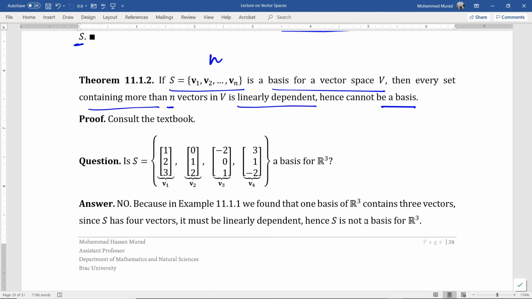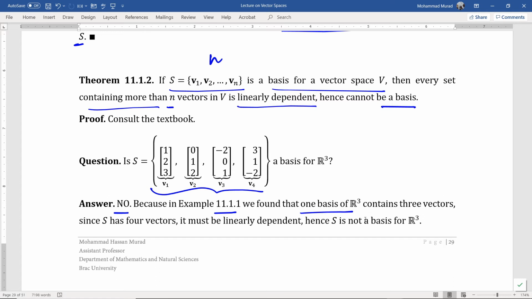Question: is the set S a basis for R3? Answer: no. Because in example 11.1.1, we found that one basis of R3 contains three vectors.